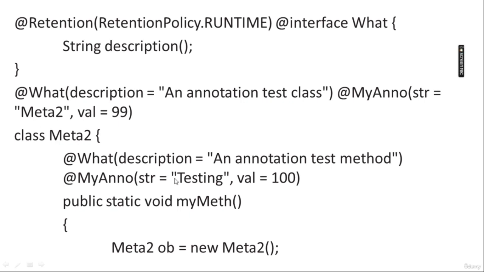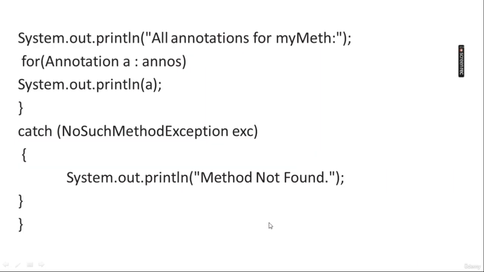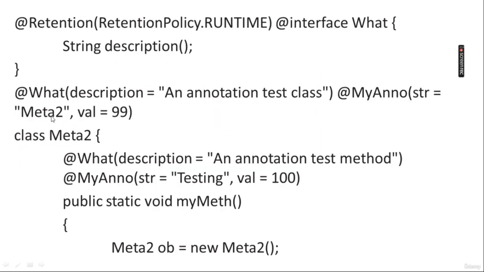And for the method, the description is AnnotationTestMethod, and MyAnnotation has string testing and value equal to 100. So the initialized values are different for the class and the method, and they display different values.